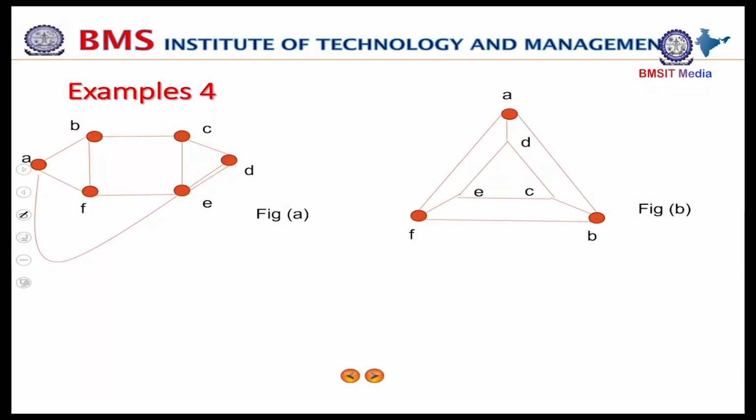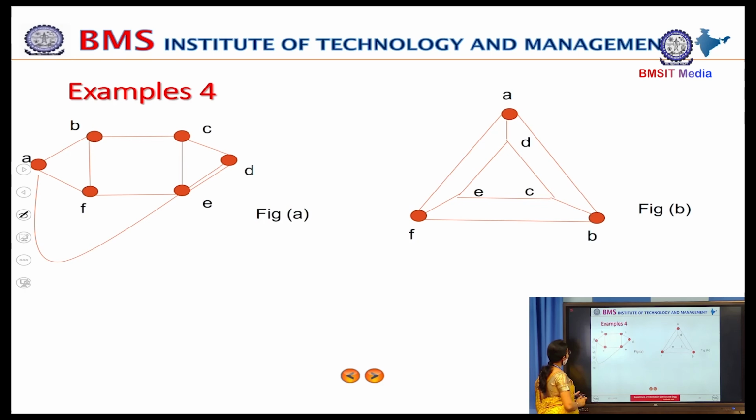Here is one more example, where I have two graphs, figure A and figure B. Here I have 1, 2, 3, 4, 5, 6 vertices.